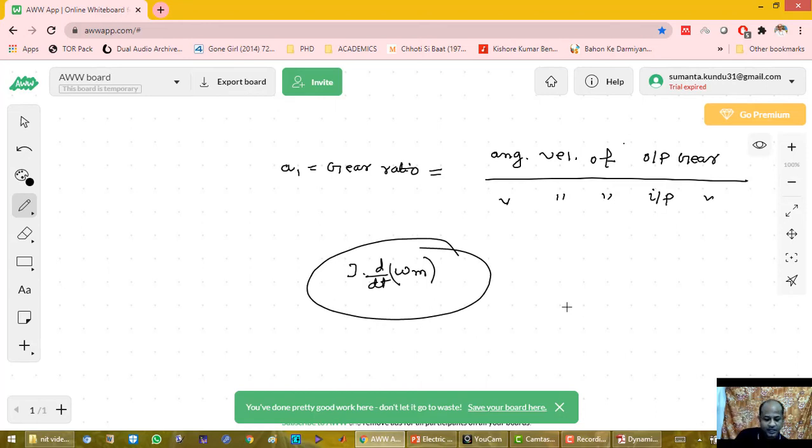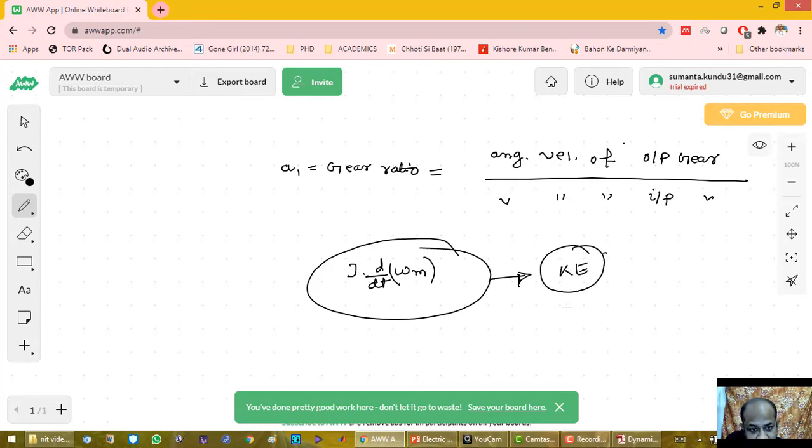And this dynamic torque is basically the additional torque provided so that the motor can overcome the initial inertia of the shaft, and the energy associated with this dynamic torque is stored in the form of kinetic energy.